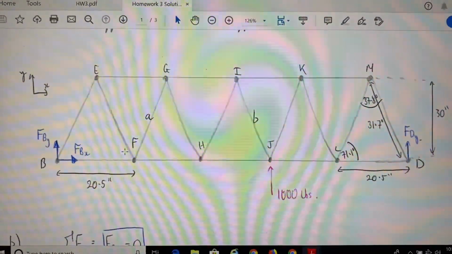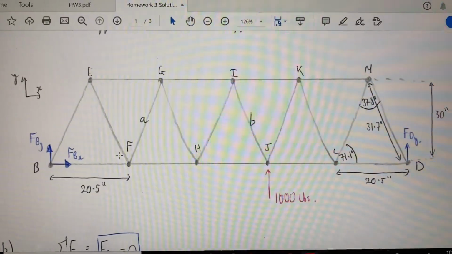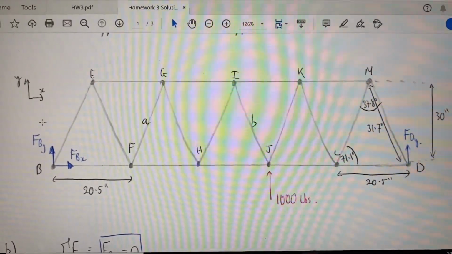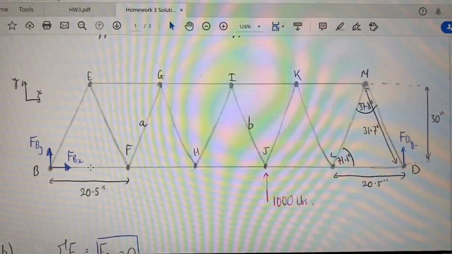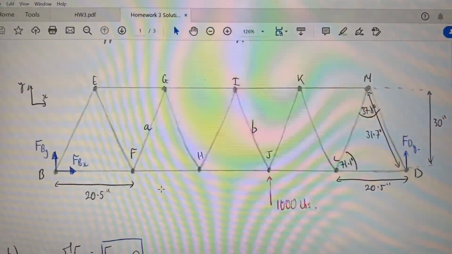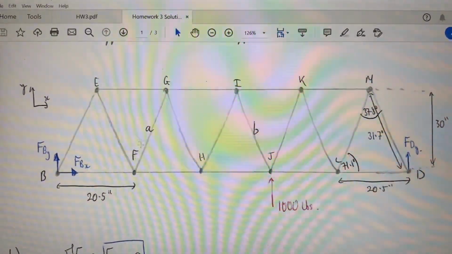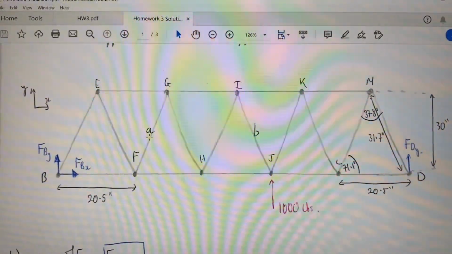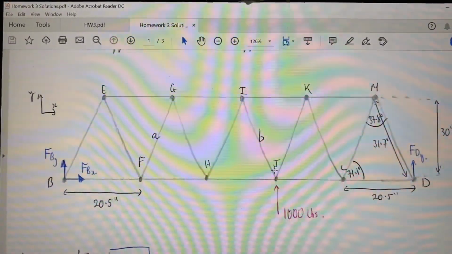So the solution method for this will be, well, the first step is to apply the equilibrium equations, right, to find these unknown reactions, and then you will need to apply either the method of sections or the method of joints in order to find the axial forces in these 2 members here, which I've labelled lowercase a and lowercase b, where the load cells are of the truss, right?